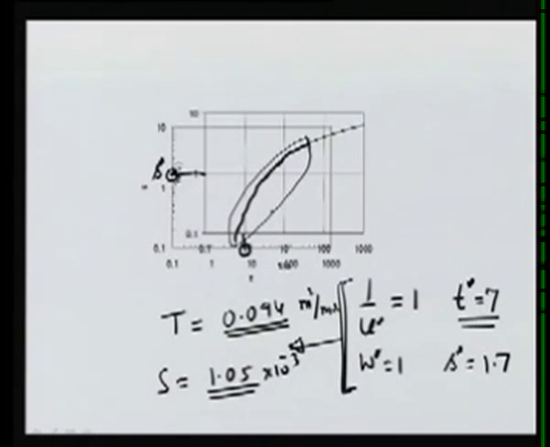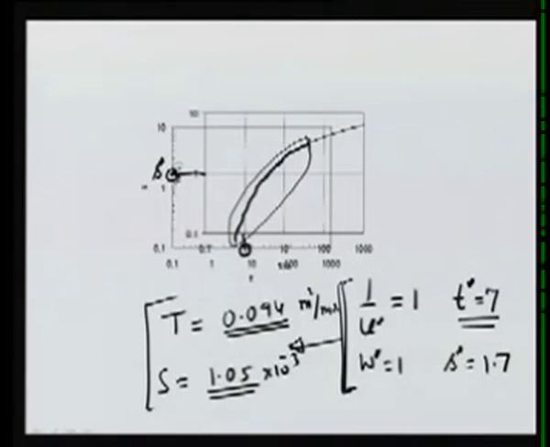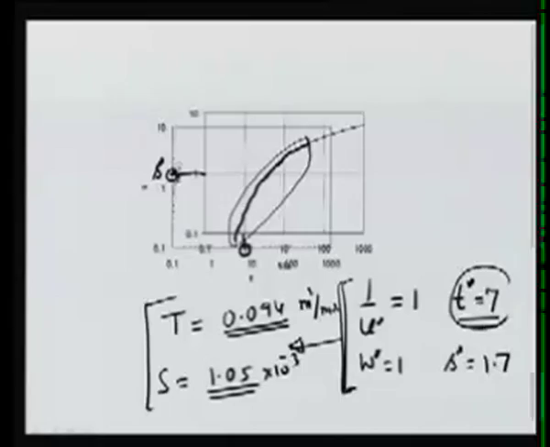So different values of T and S can be obtained using the type curve matching. Only thing is that the axis will have to be shifted a little differently for different kinds of data, and the match depends on our judgment a little bit, where to match this. Similarly, since it's a graphical method, the reading of t star and s star would also be a little approximate.